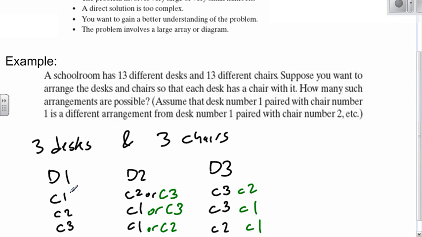So we have a couple different options here. We have chair 1, chair 2, chair 3, or chair 1, chair 3, chair 2. So there's 2 options there, 2 options there, and 2 options there.